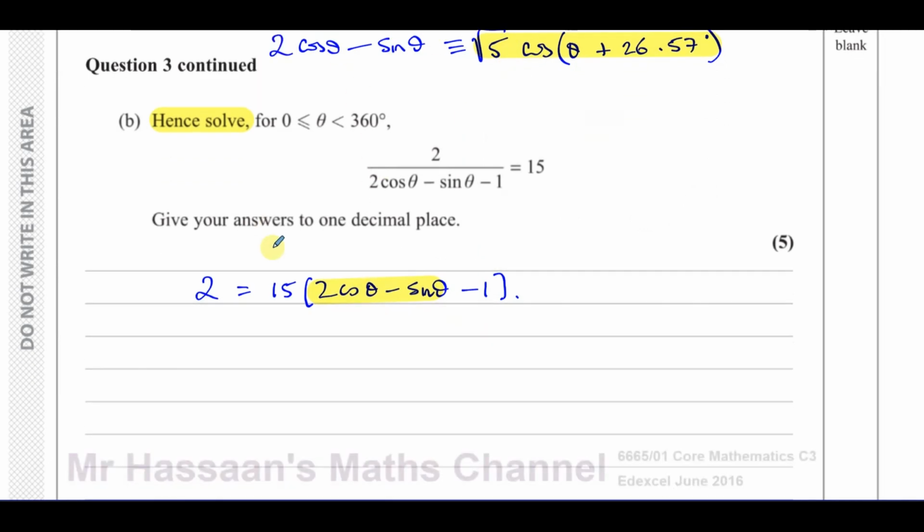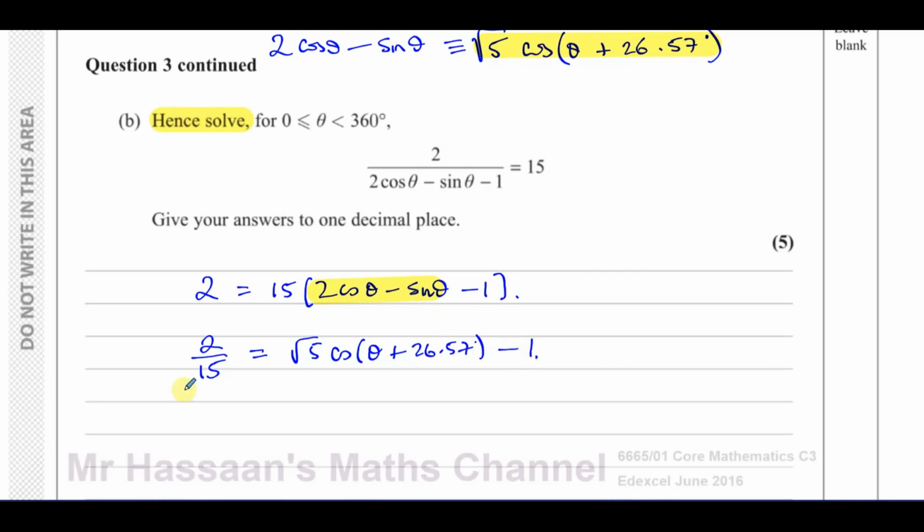So now, to make it even easier, I can say 2 over 15 is equal to root 5 times cosine of theta plus 26.57, and minus 1.